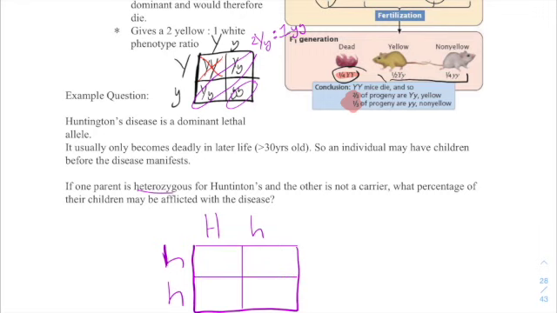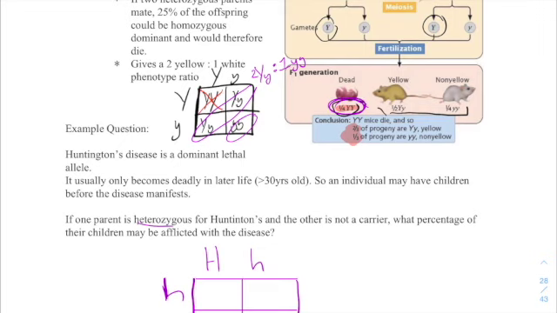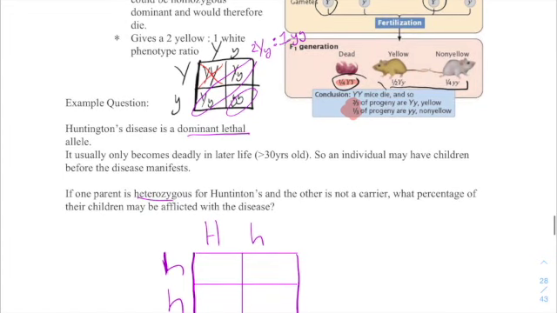Now this is an interesting one, because we did use the dominant gene up here, but in this case it was only one combination. If we say that Huntington's disease is dominant lethal, then I think we're suggesting that this person here is going to develop Huntington's in their lifetime.